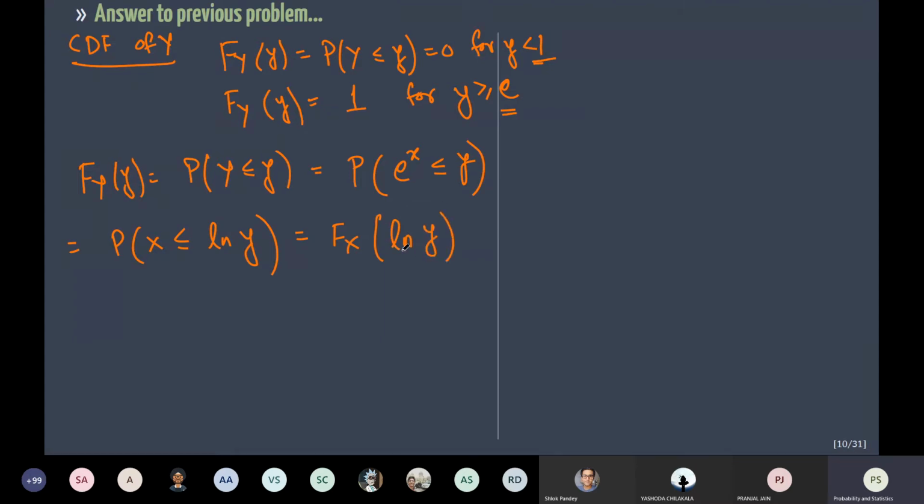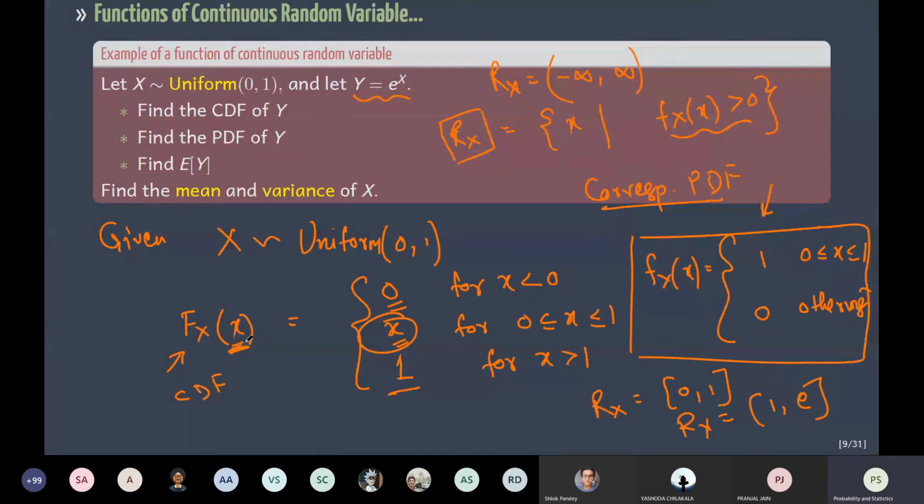This is the same thing as asking for F_X(ln y), but F_X(ln y) is nothing but just ln y. That's F_X for the uniform: F_X of the argument is the same as the argument within the 0 to 1 interval.